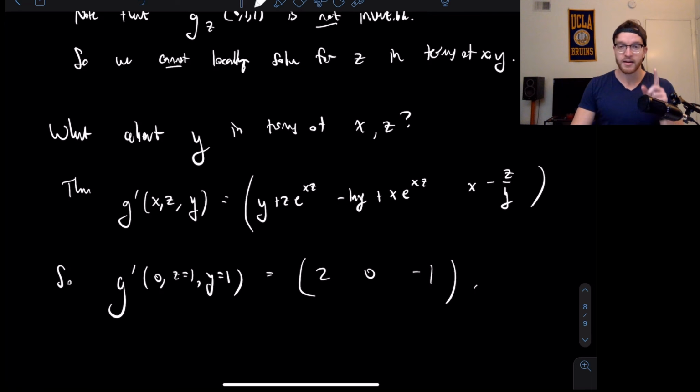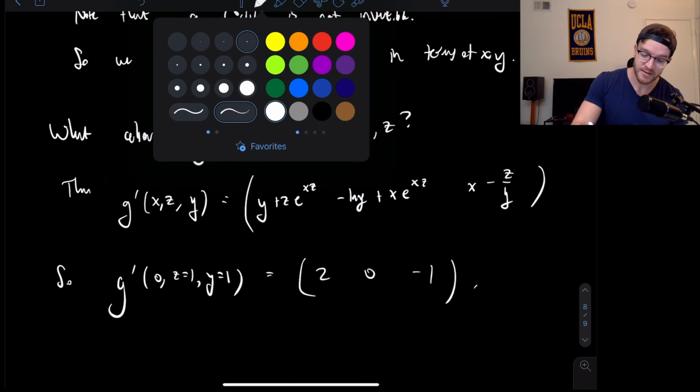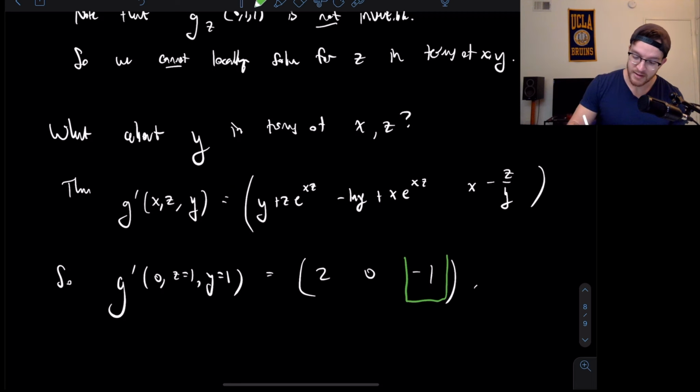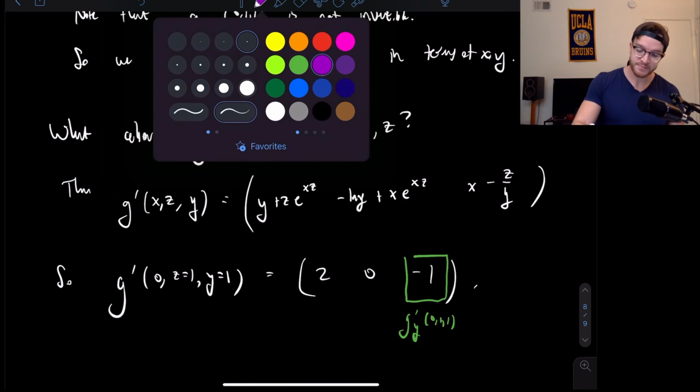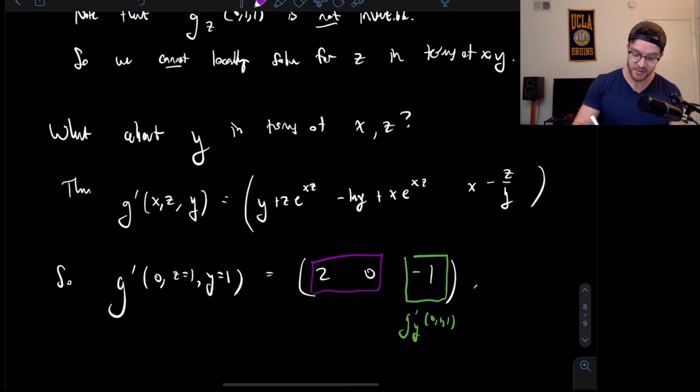Now this is the matrix we care about. This is G prime Y of 0, 1, 1. And this is the other one, G prime X, Z.